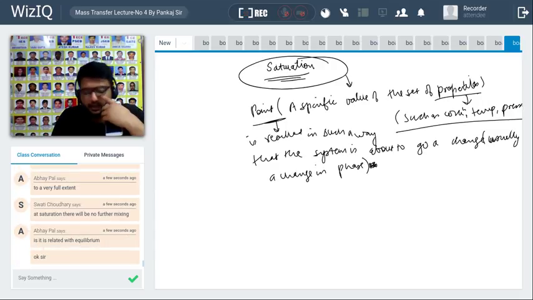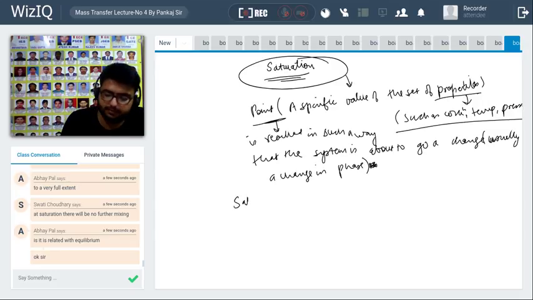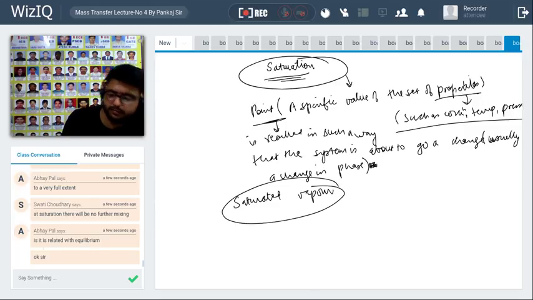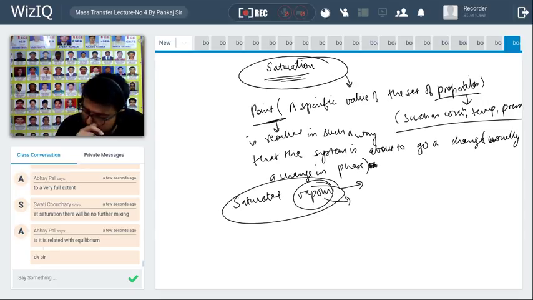Let's say a saturated vapor. First let's have a vapor. Vapor means it contains water. Let's consider water vapor in the atmosphere. So you started cooling it down.